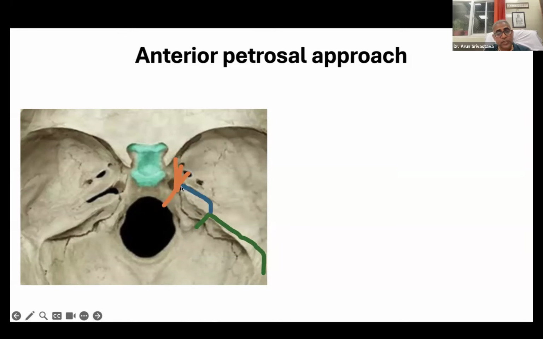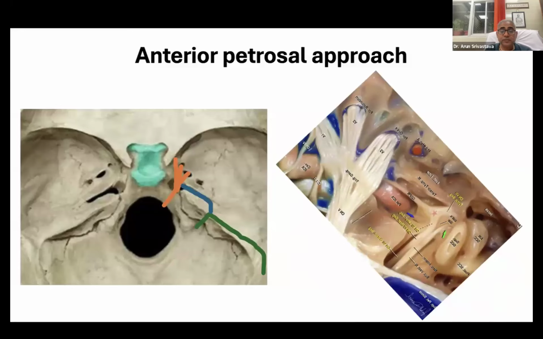This blue is our bone of interest, and I'll try to tell you all the nuances related to anterior petrosectomy.